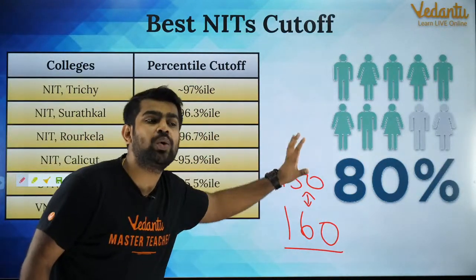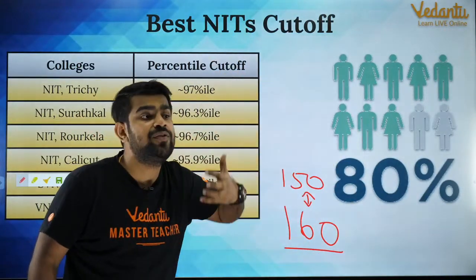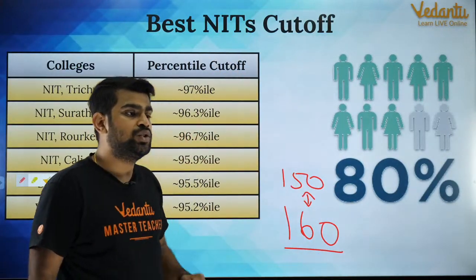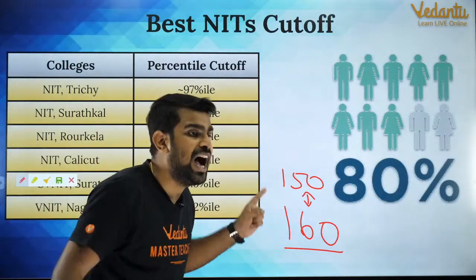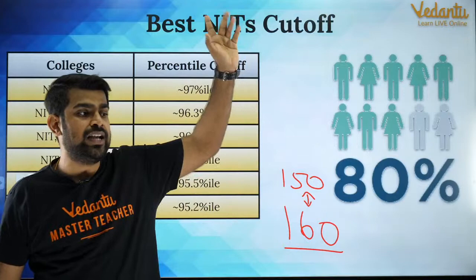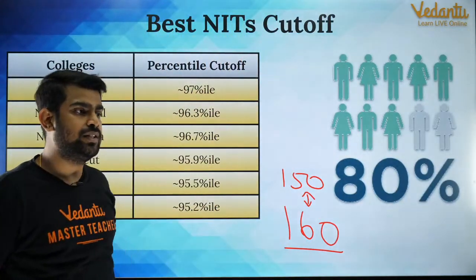So don't you think you can achieve it? How many of you feel, yes sir, easy questions itself is 120, 130 marks? So if I slightly work hard and follow the plan you are telling me, I can achieve it. Don't you guys agree? Are you all clear with it?